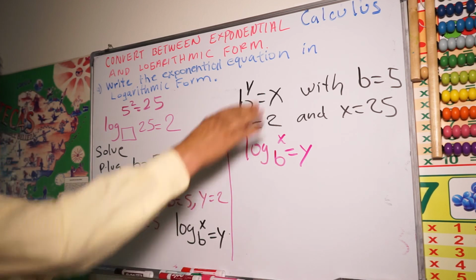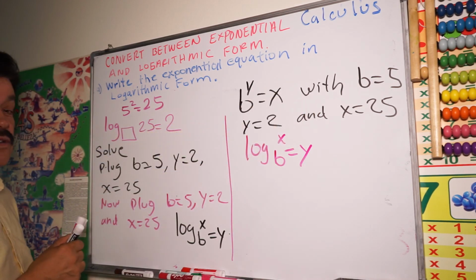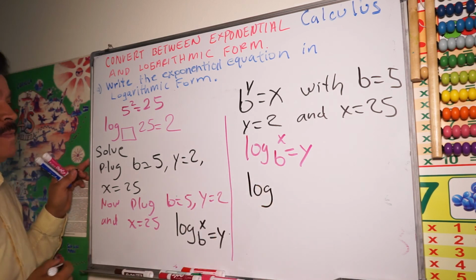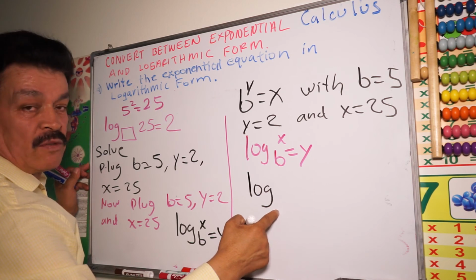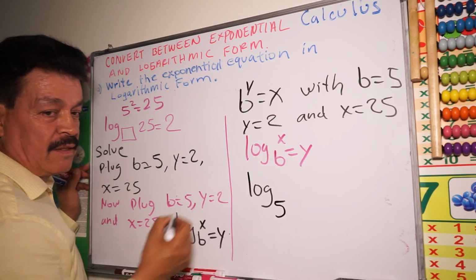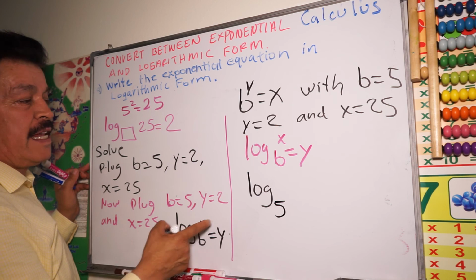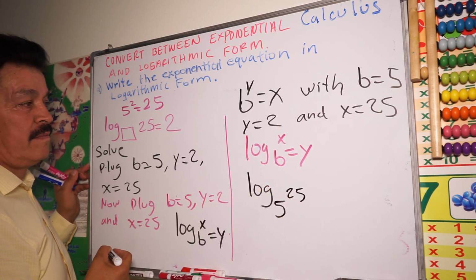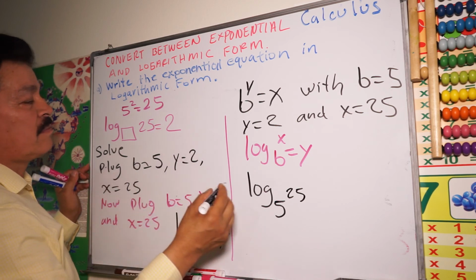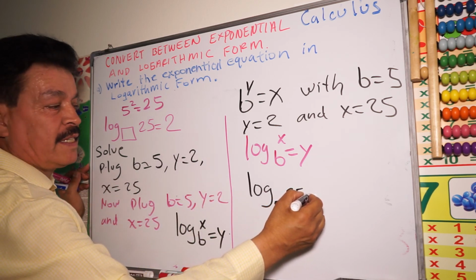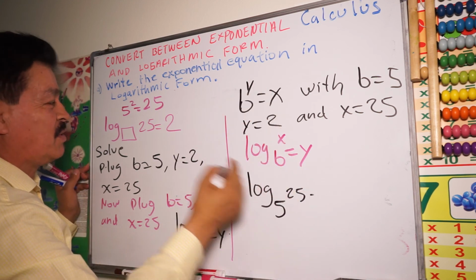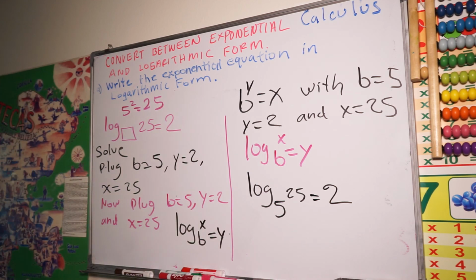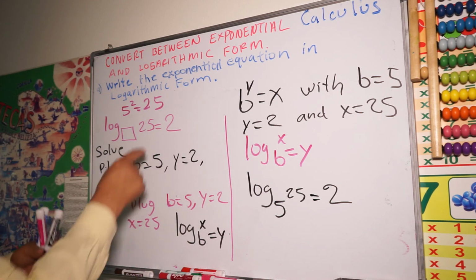So now write all this data over here. We are going to have log, how much is B? B is 5. And then how much is X? It's 25. And Y is 2.